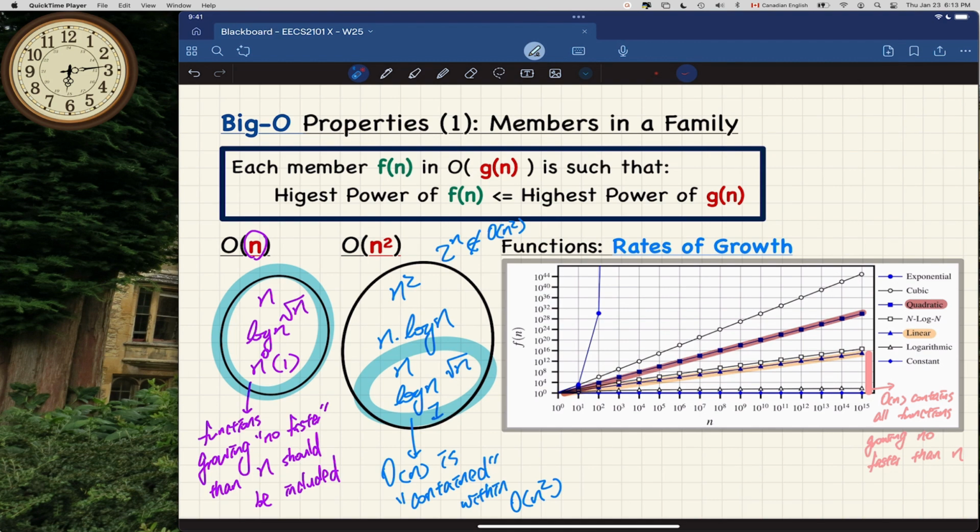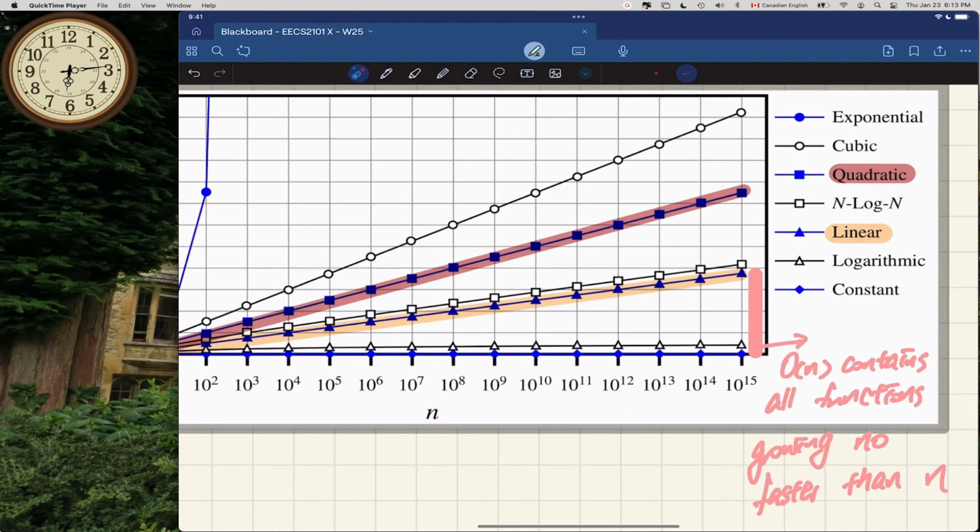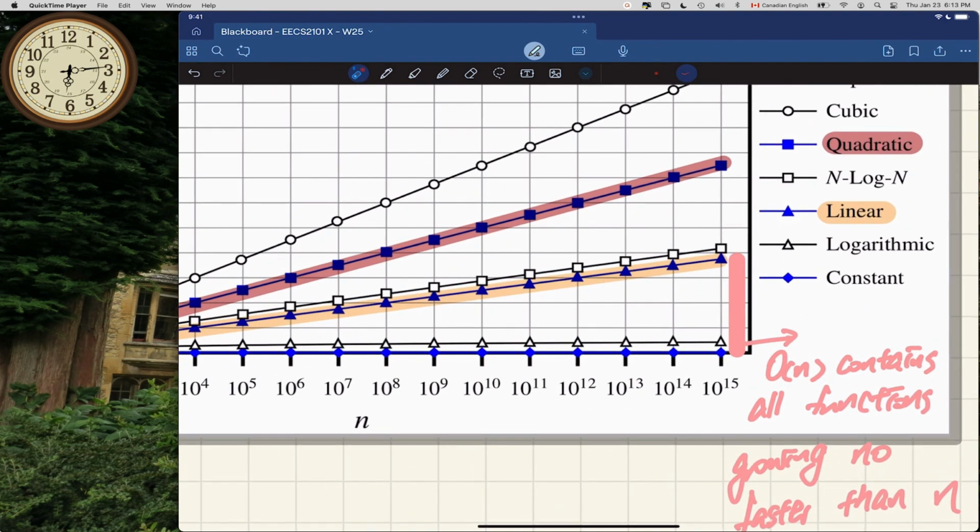Let's now go back to the graph and then make some quick annotation. So quadratic n squared is exactly here. It's a bigger family, so we're going to see a larger vertical spectrum. So let's do that quickly. This one here is going to be starting from quadratic itself all the way to here. It's a strictly larger family.